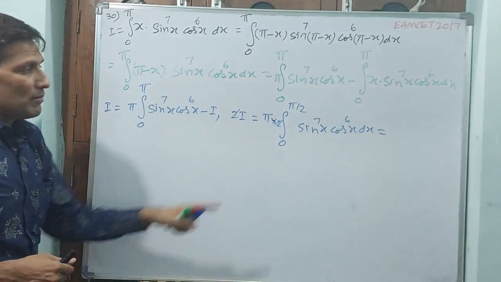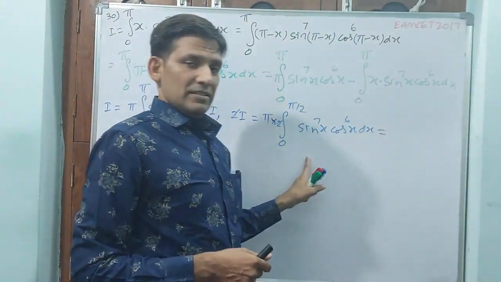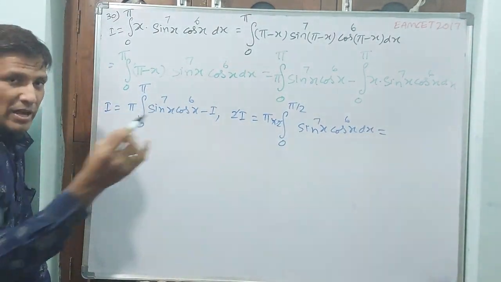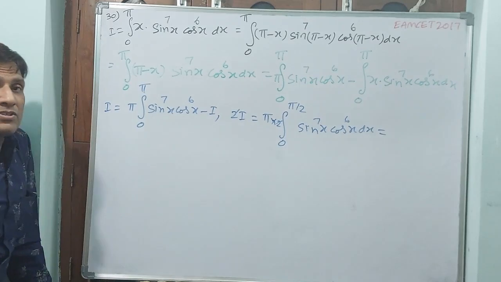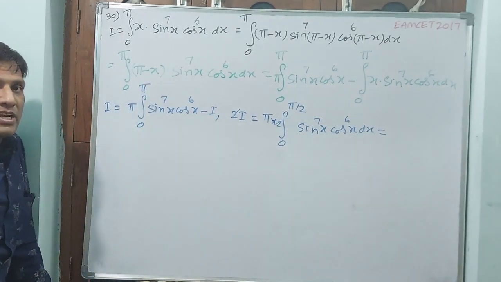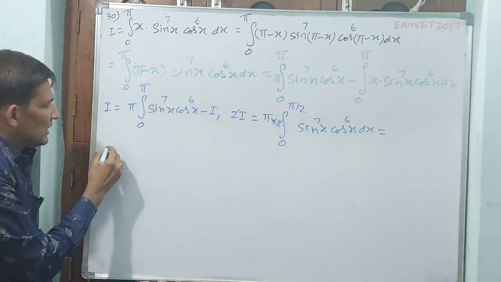Pi times are going to come, but this formula is there. This formula 0 to pi by 2 sine power m cos power n, that formula I am writing. You see, whenever m is not even, what is the formula?